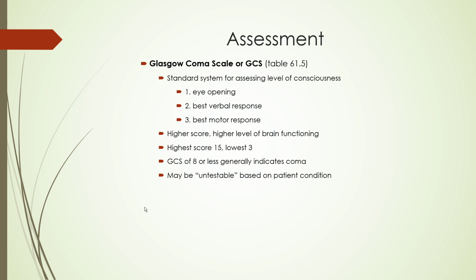Also to keep in mind is that parts of the Glasgow Coma Scale may be untestable based on the patient's condition. They may not be able to have a verbal response, right? They may not be able to open their eyes appropriately. So there are other ways to assess level of consciousness. This is generally the one that's used the most, but know that it's not a perfect system, and there may be other ways that they're assessing level of consciousness.